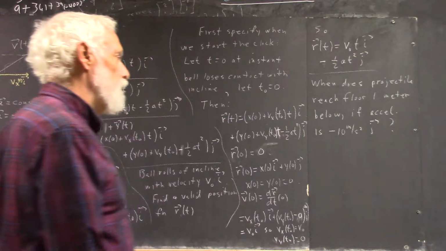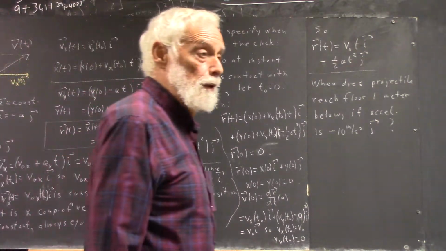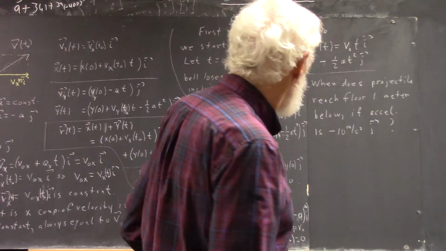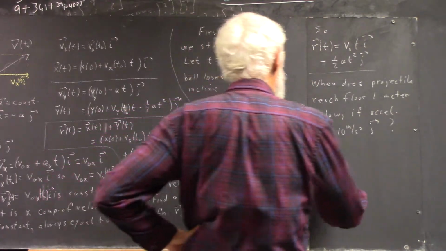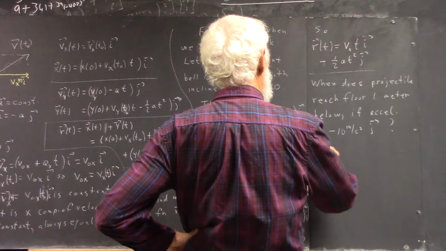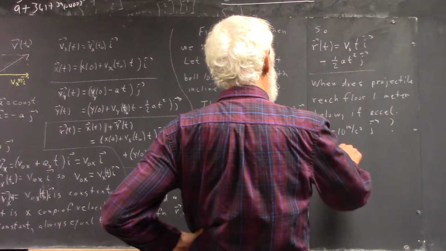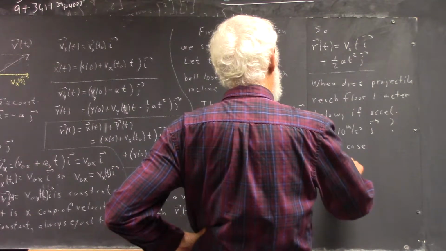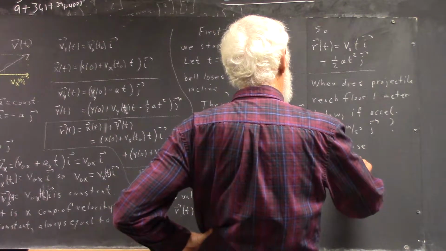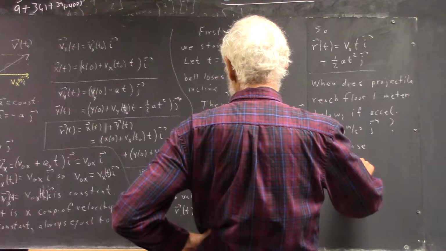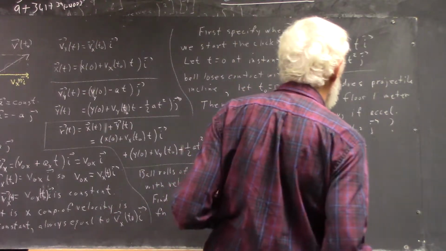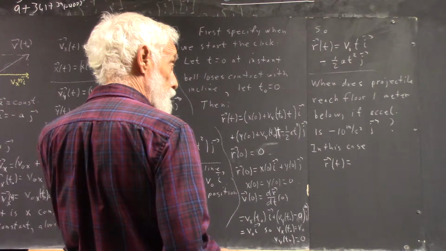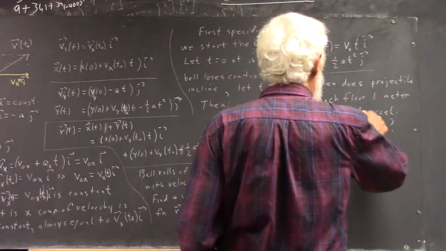If the acceleration is negative 10 meters per second squared times your j vector, well, in this case, R of t equals, in another condition, I'll squeeze it in here.